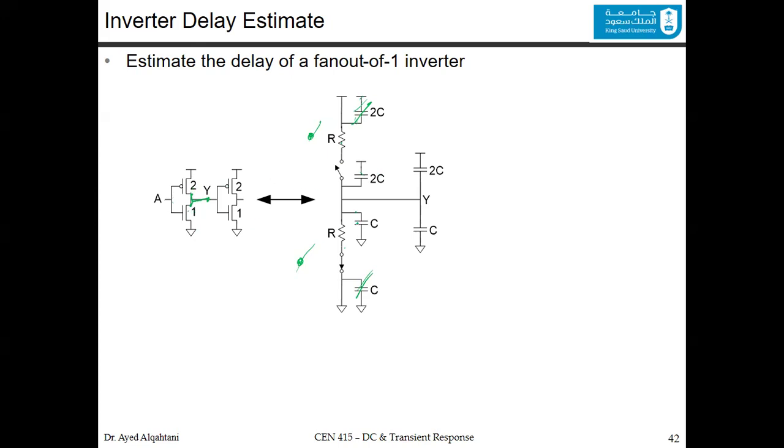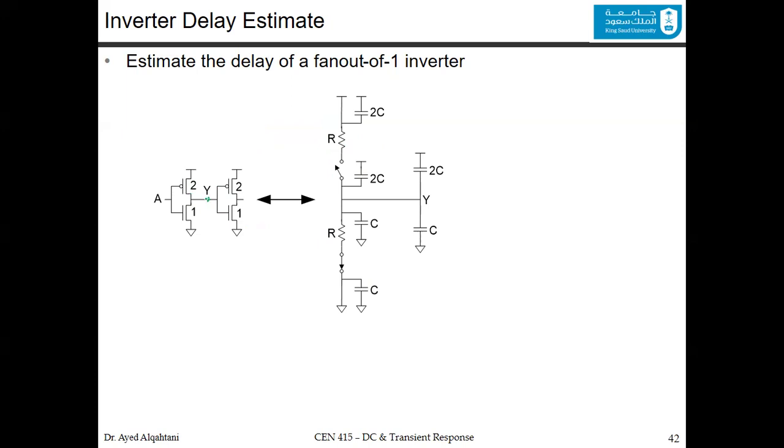The K here is 1, so it's 1C or C. Now the resistance in the NMOS is R over K. K is equal to 1, so it's R. The resistance in this one is 2R over K, and the K here is 2, so 2R over 2 equals simply R. This is also indicated by the fact that we made the sizing to make the resistances equal to each other. This was the goal.